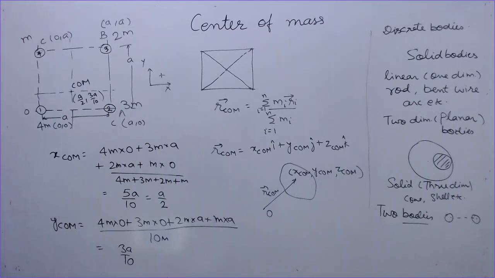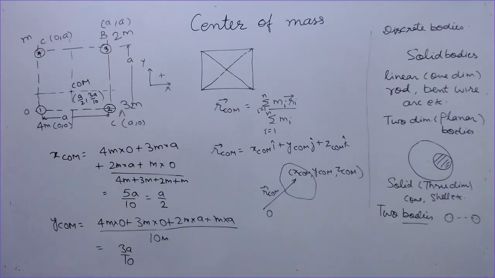This is the point where center of mass is located. So as I told you, if you change the origin and take it here, this point will remain the same. But then these coordinates will be measured with respect to this point. So this is how you can find the center of mass of a discrete body.